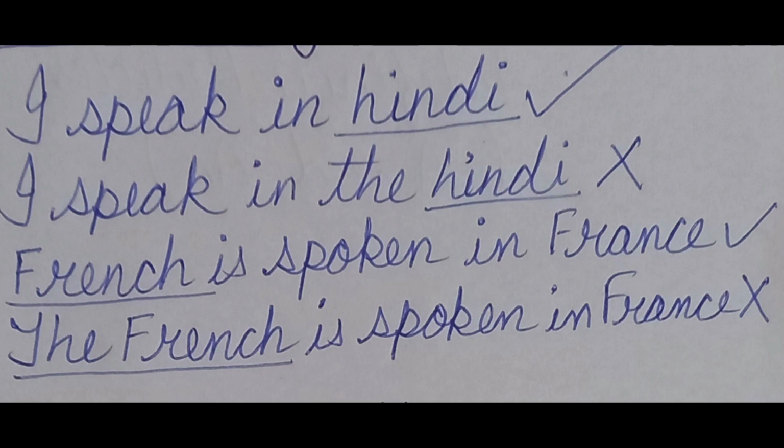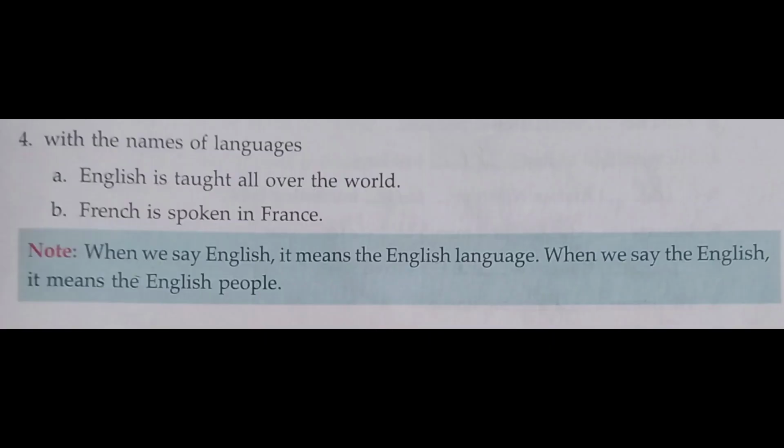So if we say, I speak in the Hindi or the French is spoken in France, then it is going to be incorrect because article the is never used before the names of languages. One important note, when we say English, it means the English language. And when we say the English, it means the English people.